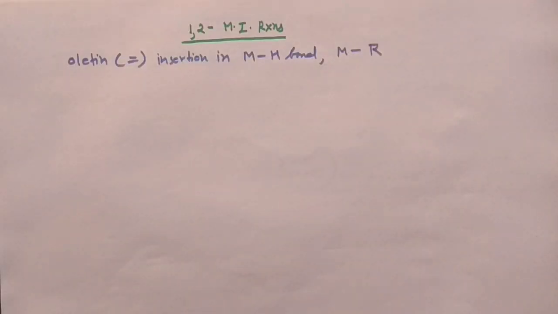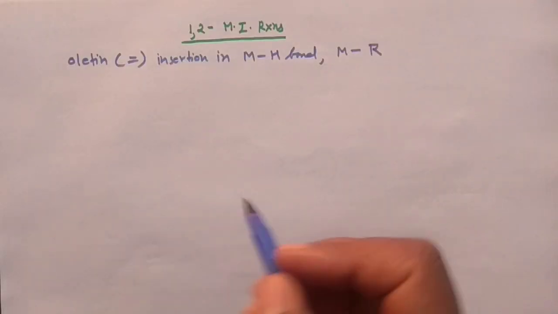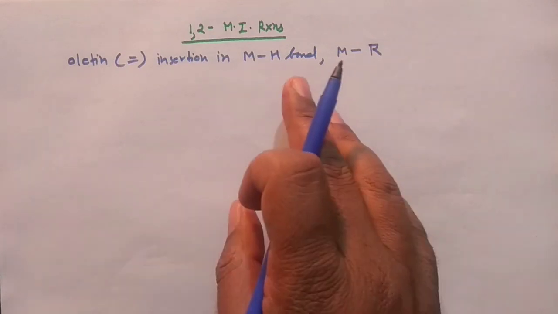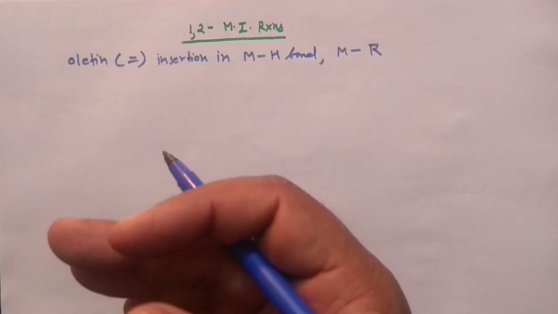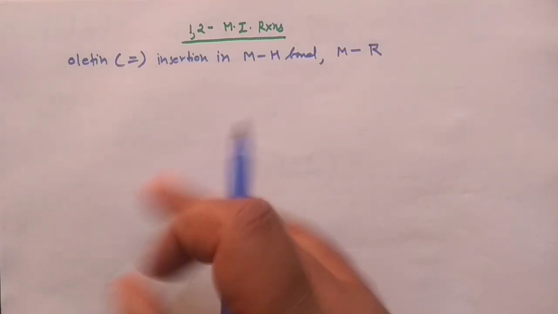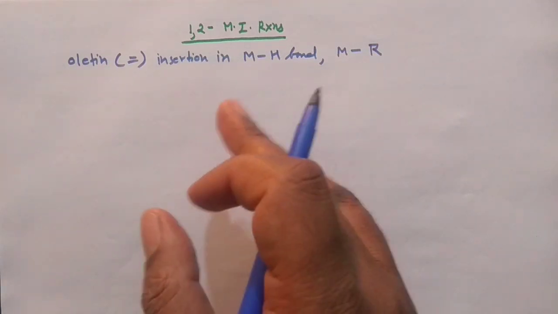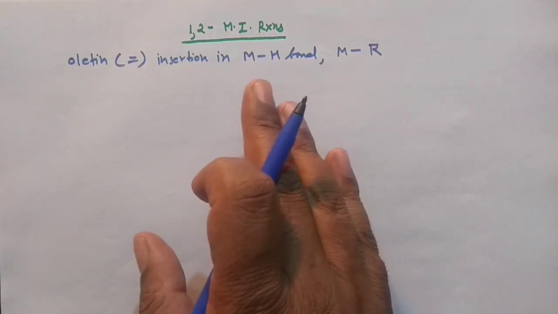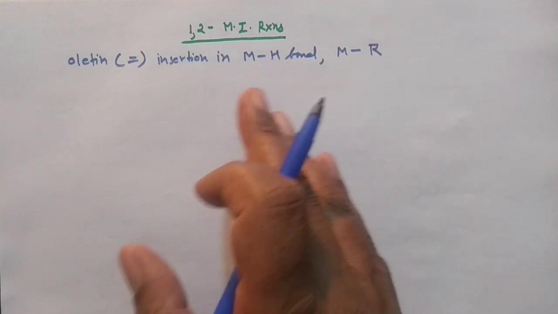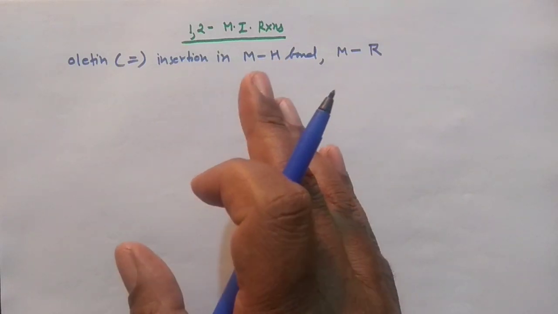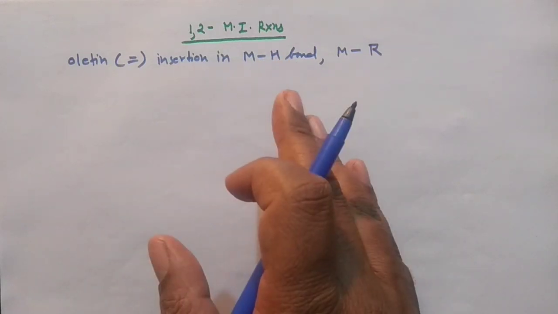When this happens, you will get a product, and this reaction has immense applications in synthetic chemistry. Like you can do the catalytic hydrogenation of alkenes, and then the hydroformylation reaction, and then the Ziegler-Natta catalysis, the polymerization of alkenes.